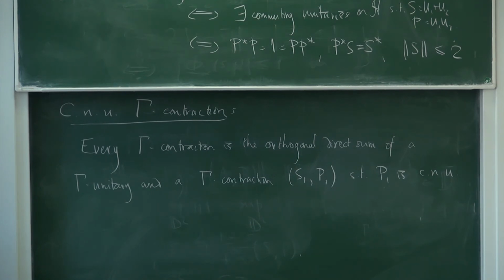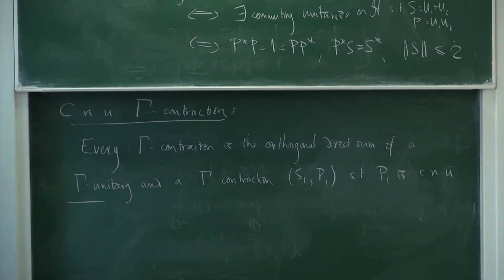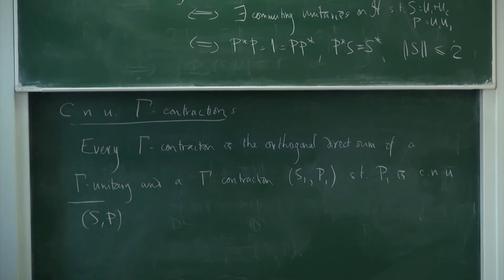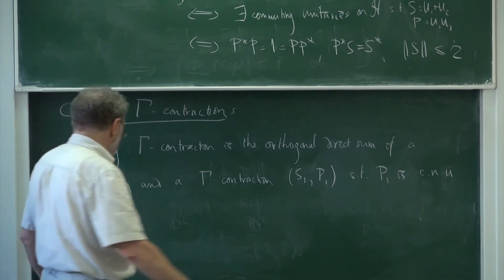So there's something a bit non-trivial here. Suppose you've got your S, P as a gamma contraction. Then of course P is a contraction, so you can do the ordinary construction.